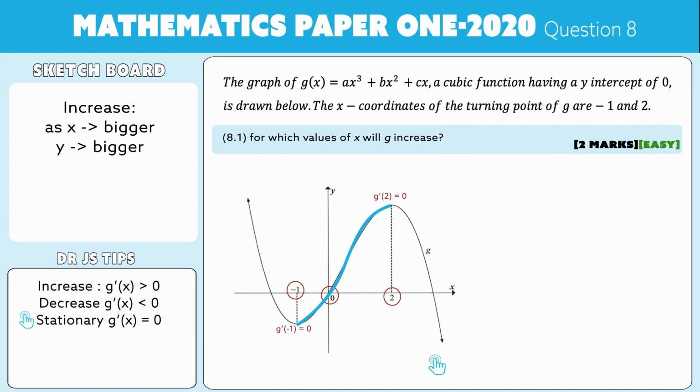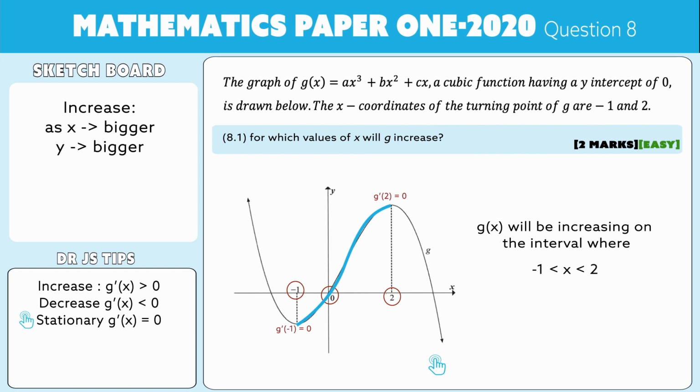Okay, so we've got that now. To write down the answer, g of x will be increasing on the interval where x is bigger than -1 and smaller than 2.